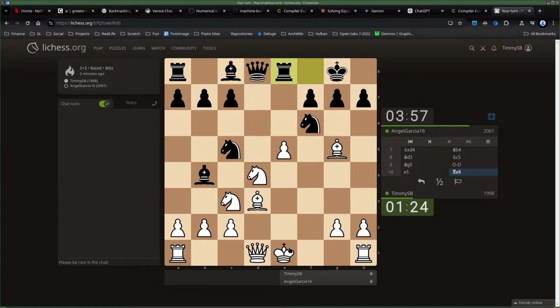Definitely a good move. No, I'm gonna castle. Because if I don't castle now, then I lose my pawn. Fuck. Yeah, well, I castle anyway. I don't want to think much any longer. It's 1 minute. Oh, he takes a check.